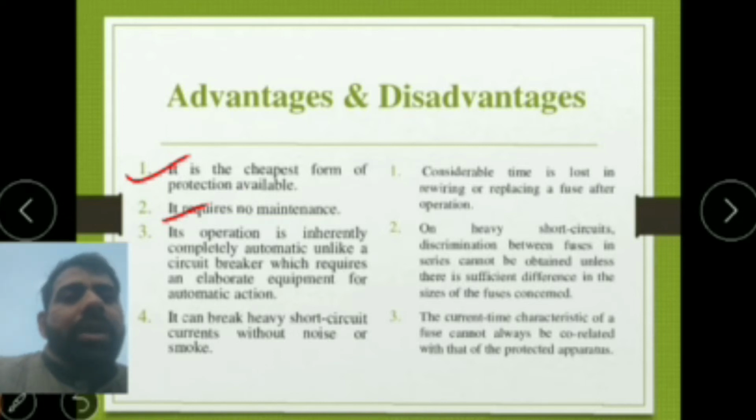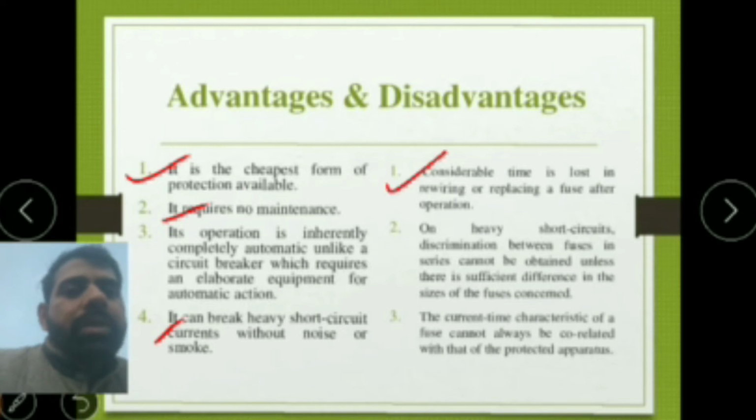In a circuit breaker we need a relay which gives us sensing signals that a fault has occurred, so the circuit breaker contacts open up. But here the working of the fuse is not like that. Once it gets the overcurrent or short circuit fault, the fuse will blow out. Next, it can break heavy short circuit current without noise or smoke.